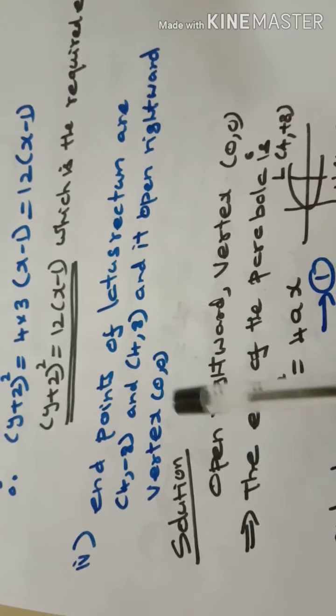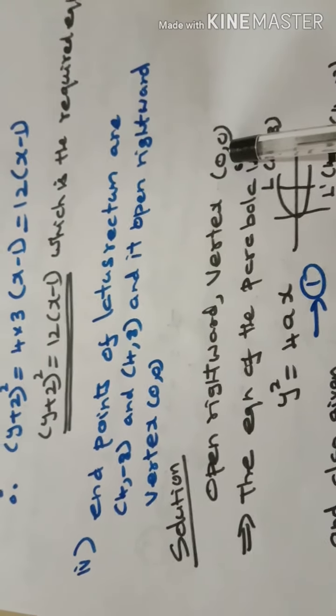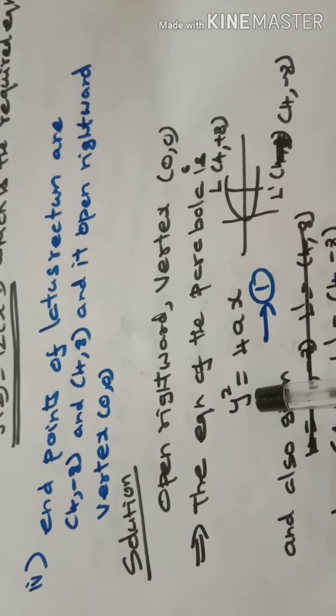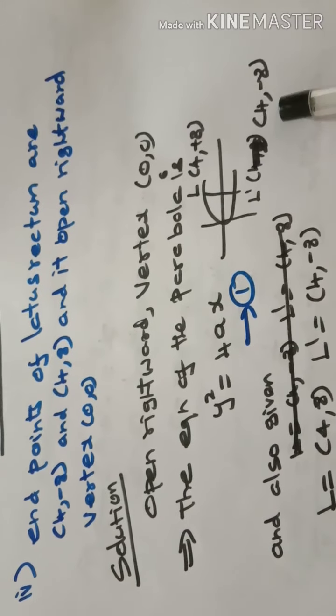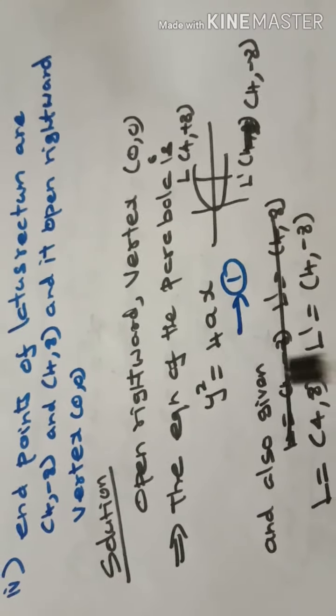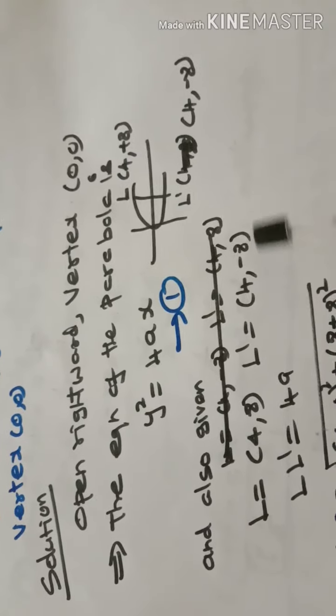Vertex is (0, 0). So here open rightward, vertex is (0, 0). So clearly the equation is of the form y square equal to 4ax. What are the ends here? (4, -8) and (4, 8). So L is equal to (4, 8), L dash equal to (4, -8).